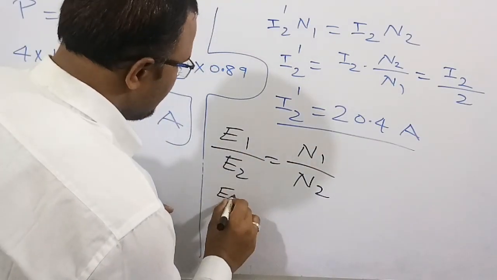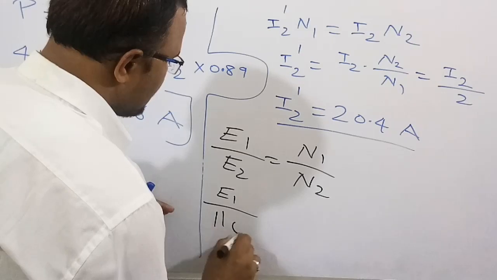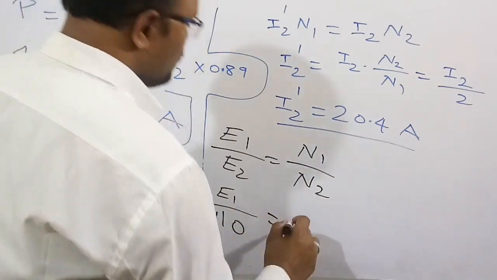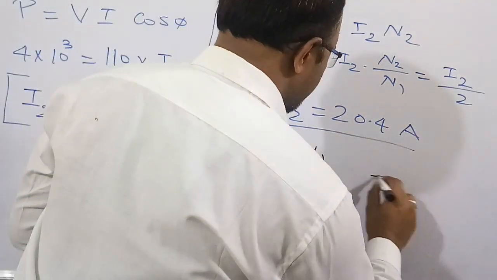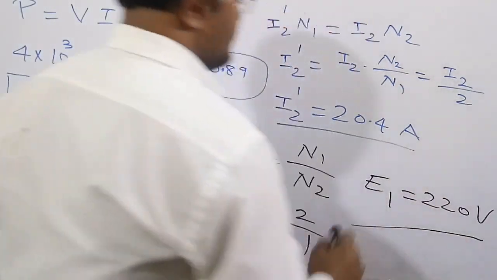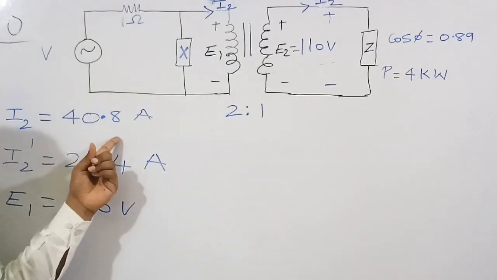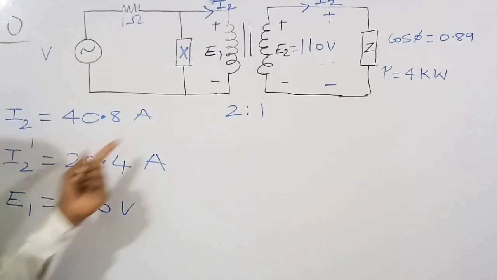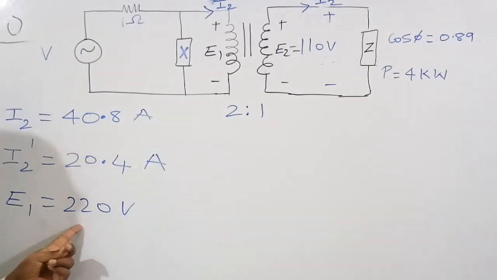E2 is already 110 volt, and N1 by N2 is 2 by 1. If you do the simplification, we get E1 equal to 220 volts. So the current through the load I2 is 40.8 ampere, the current I2 dash is 20.4 ampere, and the voltage E1 is 220 volt.